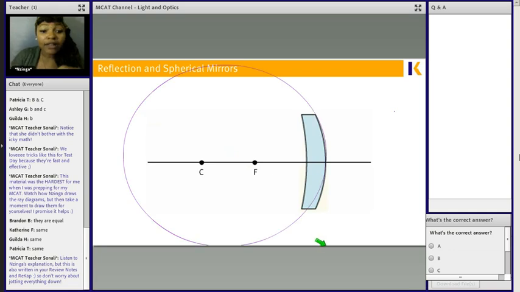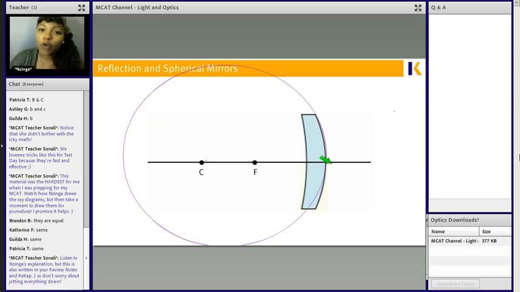Okay, so right here we have that huge circle. And you're going to pretend, for the sake of this lesson, that that C is dead in the center of the circle, because that's what the C is going to stand for, the center of the circle. Okay, so if you look at it, the focal point is going to be exactly half of the radius. Okay, so focal points are specific mathematical phenomena. That's going to be half of the radius that we have.